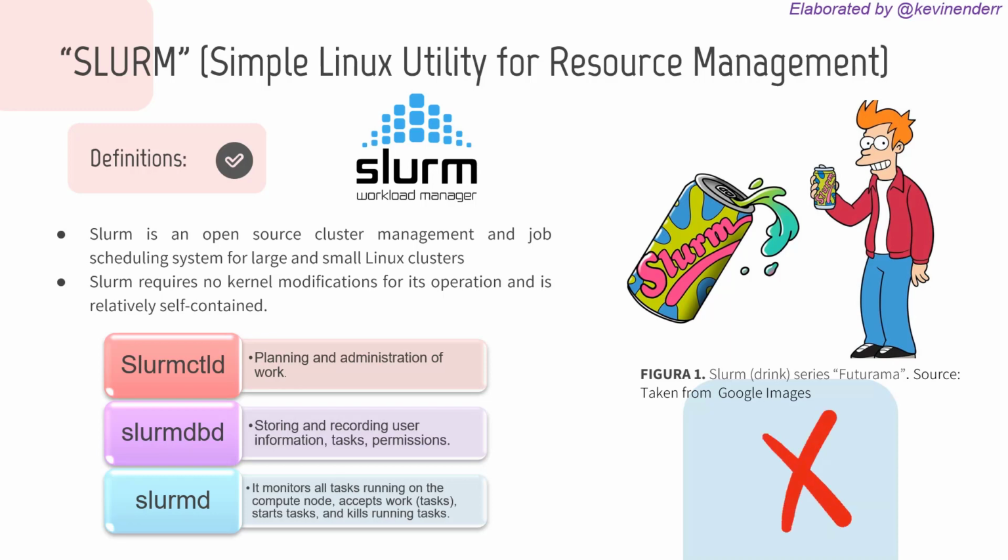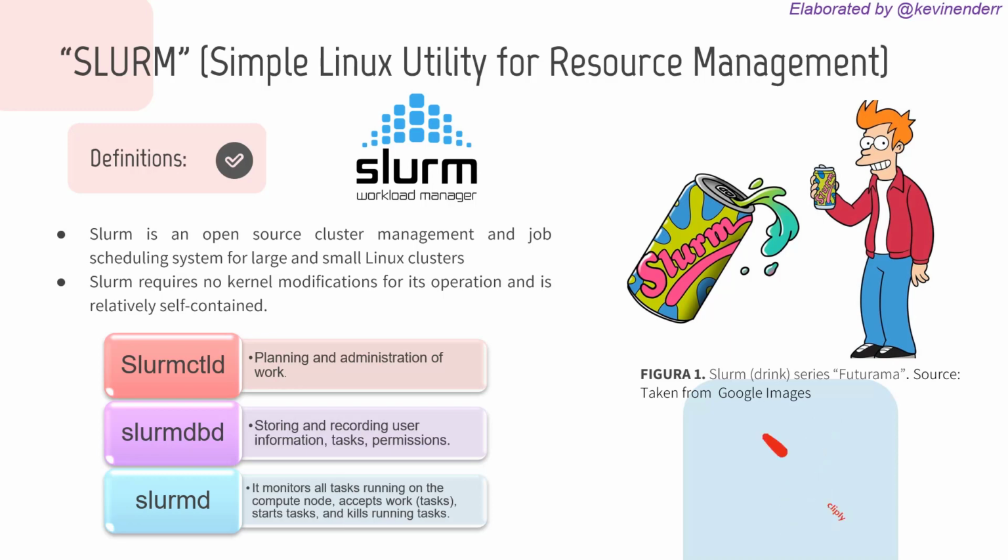And finally, it arbitrates contentions for resources by managing a queue of pending work. All the information that I'm mentioning is on the official page of Slurm, so I will leave the link in the description box below.